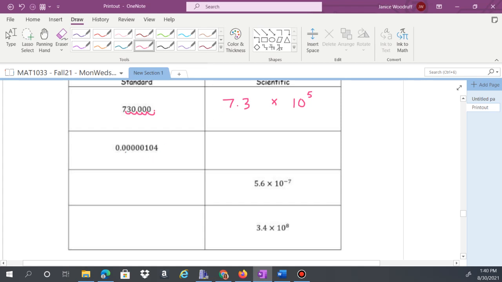So for this one, we're going to ignore the zeros. We're going to go where it would be one place, so right here. So that would be a 1.04 times 10.